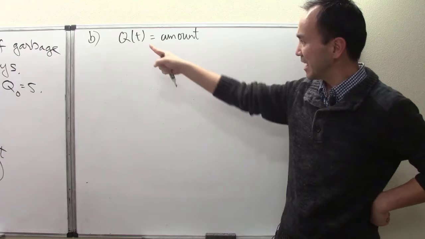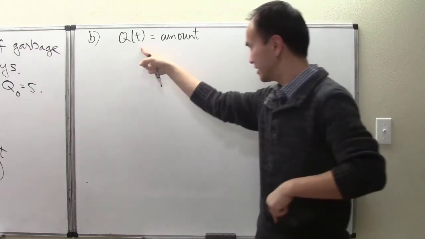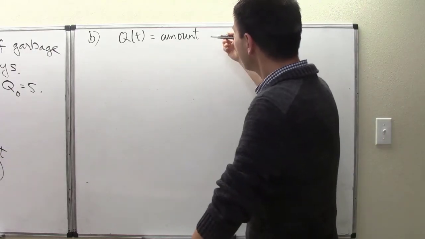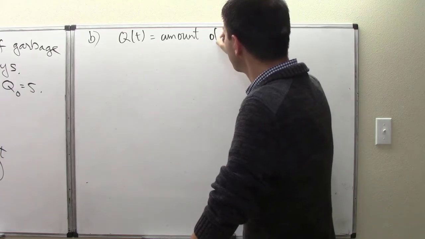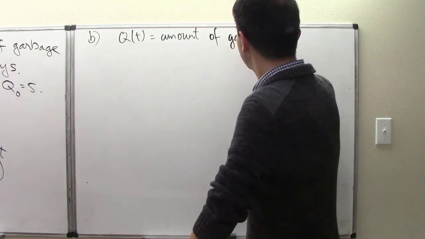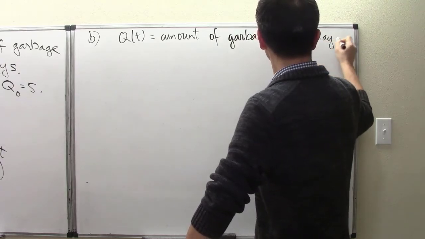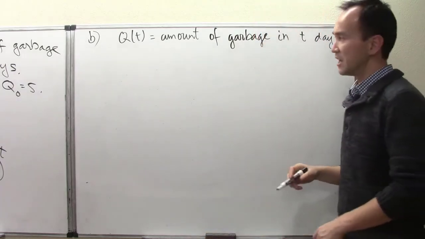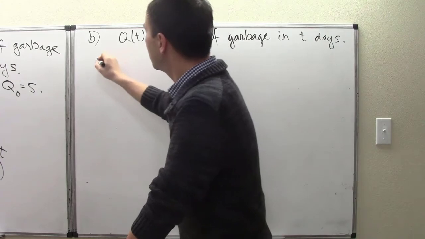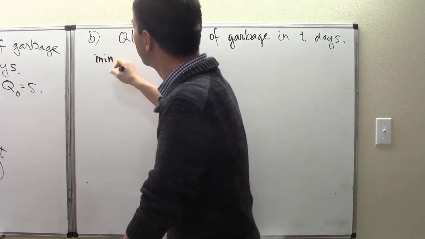Okay, so right now Q is the quantity or the amount of garbage in t days. All right, and then with this part B, yes, we have the same initial amount.